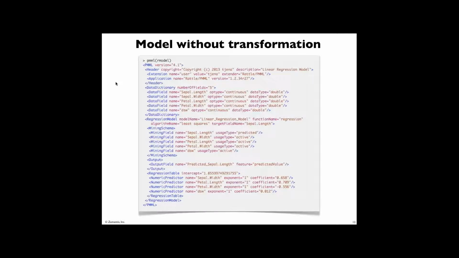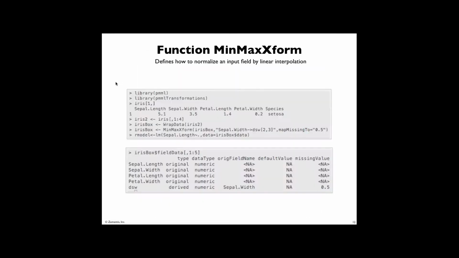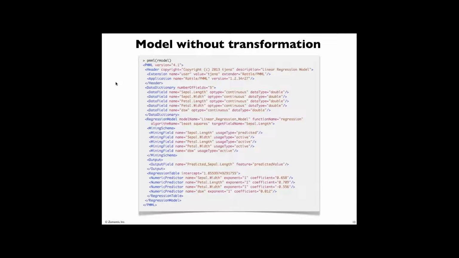And to showcase the effect, here's the simple regression model we would have made. The command you can see in the top is the standard PMML command, pmml R model. R model you see is the name of the model we made, the last line of the top box. And there's the model. The thing to see is that the mining field in the mining schema has a field called DSW.